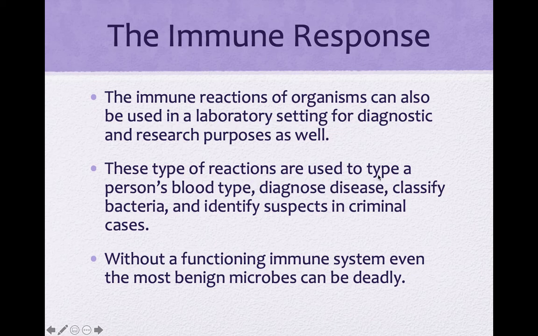The last thing: without a functioning immune system, even a slightly less functioning immune system, you can have a vitamin deficiency, or you don't have a healthy diet, or maybe your immune system lacks a specific protein, it's got a problem, an autoimmune disease, anything like that.